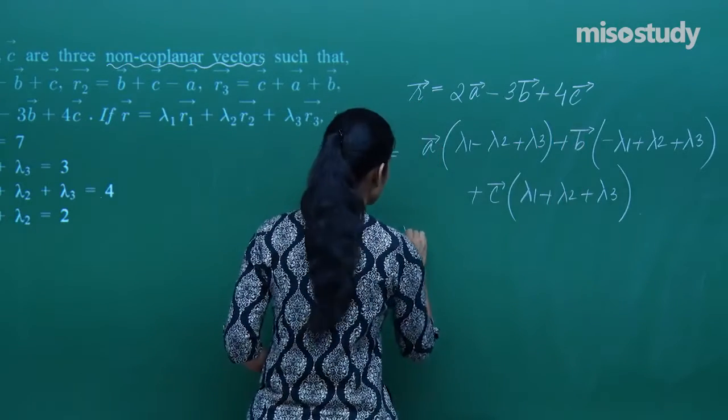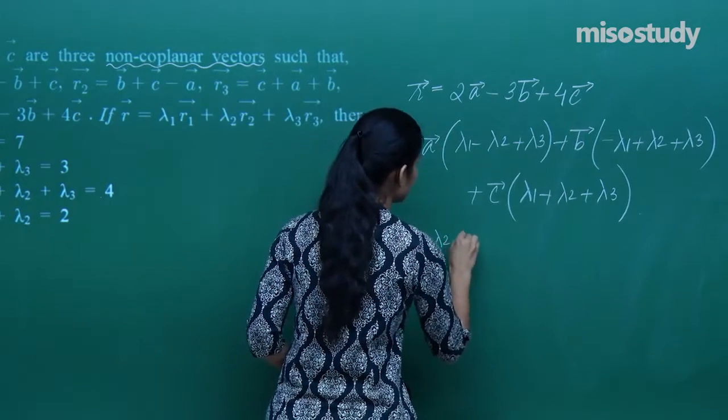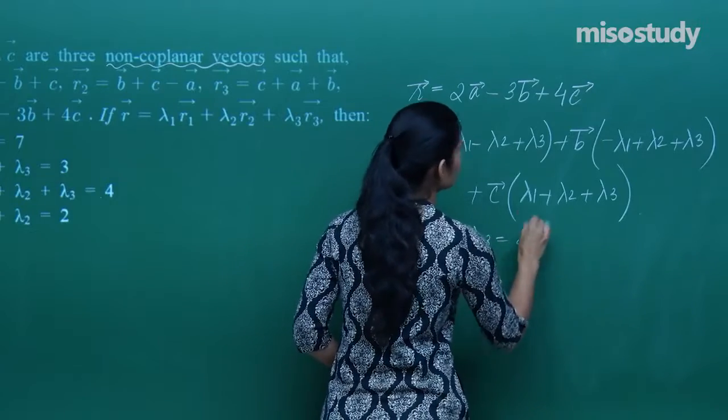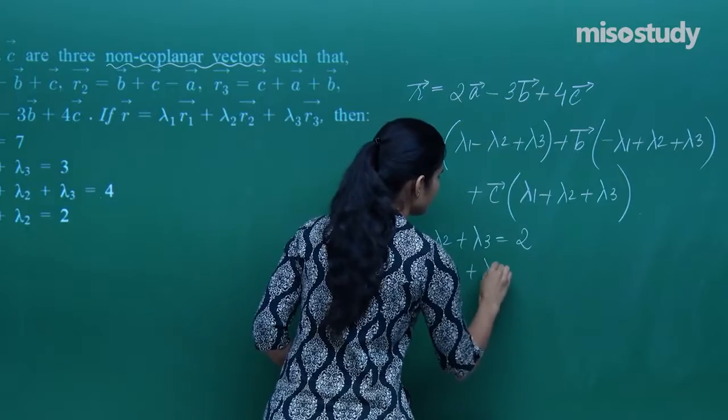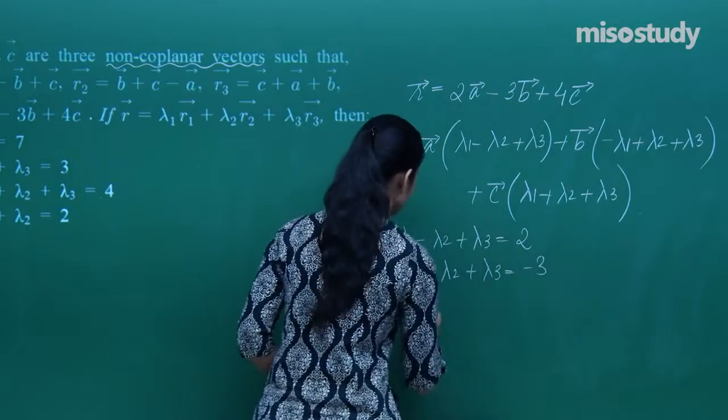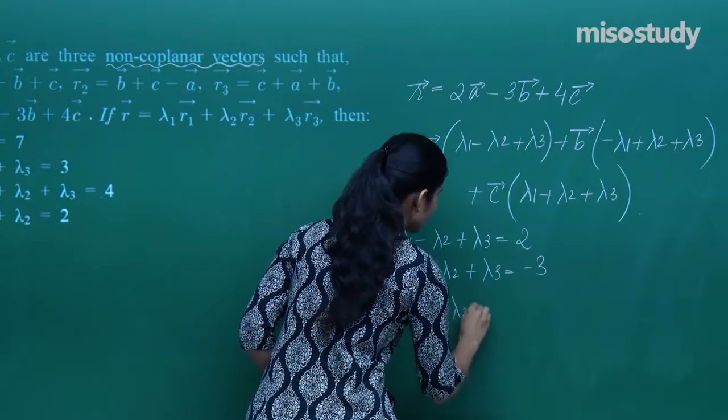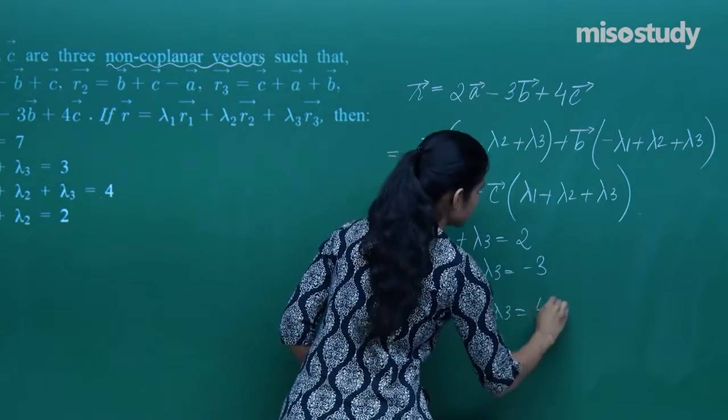What do you get? Lambda 1 minus lambda 2 plus lambda 3 is 2. Minus lambda 1 plus lambda 2 plus lambda 3 is minus 3. And lambda 1 plus lambda 2 plus lambda 3 is 4.